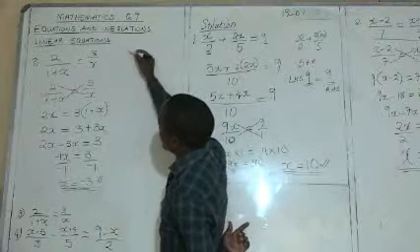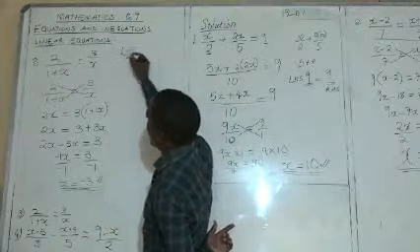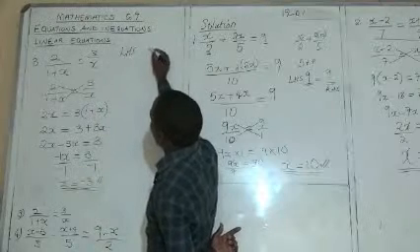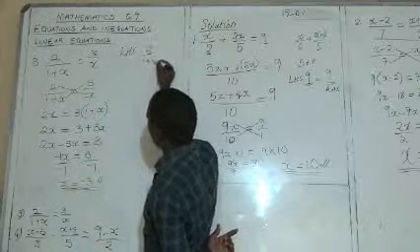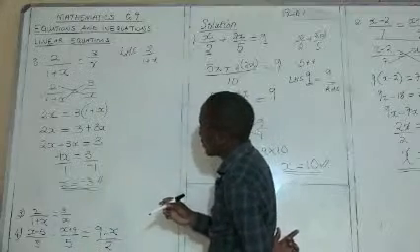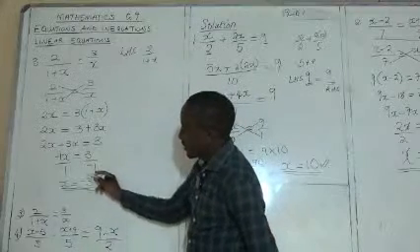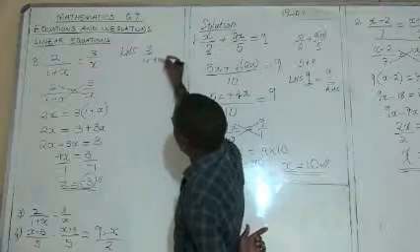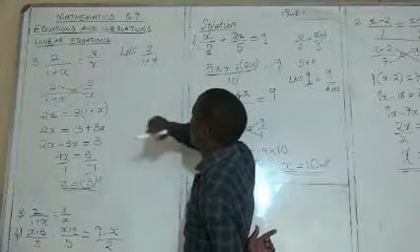So let's start with the left hand side. On the left hand side we have 2 over 1 plus x. Remember the value of x we have found is negative 3, so where there is x we put in negative 3.